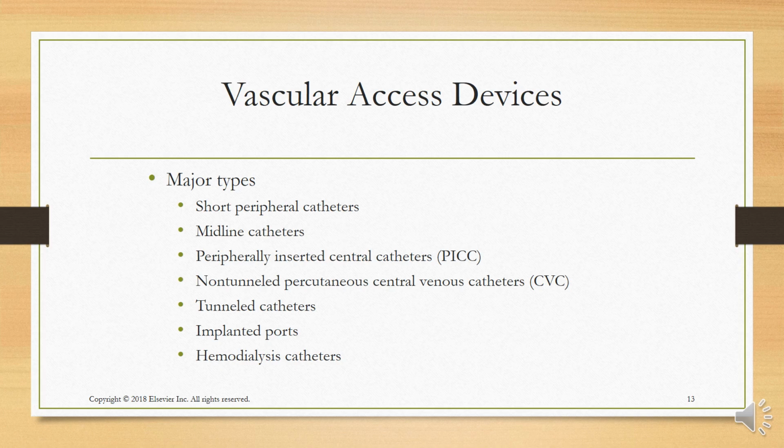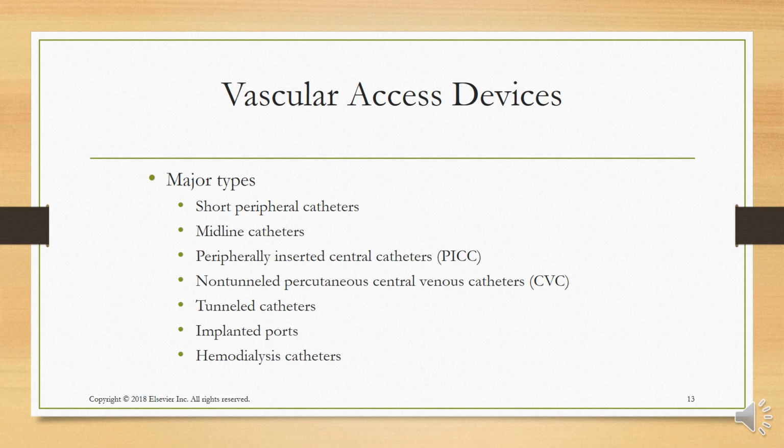There are PICC lines. That's a peripherally inserted central catheter. And note the word central. The PICC lines are central lines. You've got to keep that in mind. PICC lines are central lines. We've got non-tunneled percutaneous central venous catheters, or CVC catheters. You've got tunneled catheters, you've got ports, and we've got hemodialysis catheters.